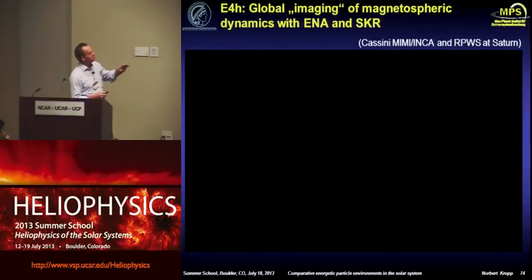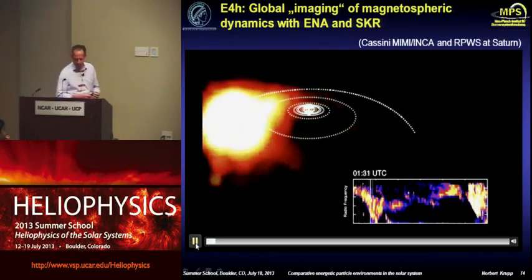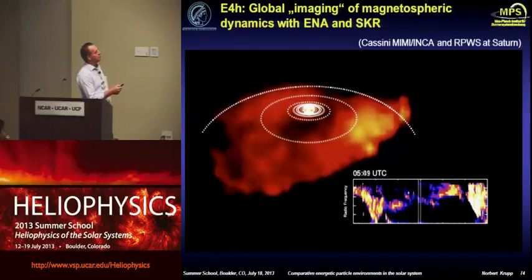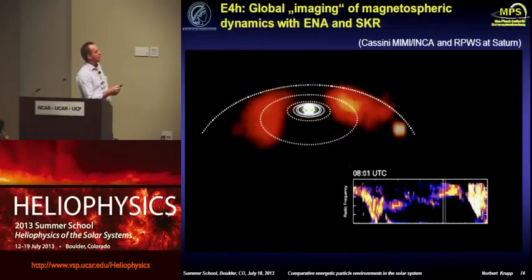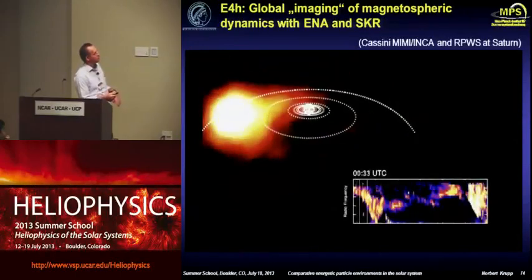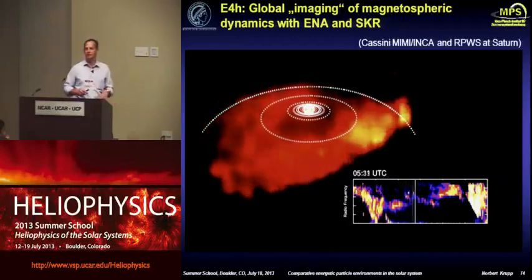And what you see here is simply, I have to restart this again. You simply see here that at a given time, the ENA emission suddenly enhances by several orders of magnitude, and this entire blob of emission is moving around the magnetosphere with nearly the co-rotation velocity.